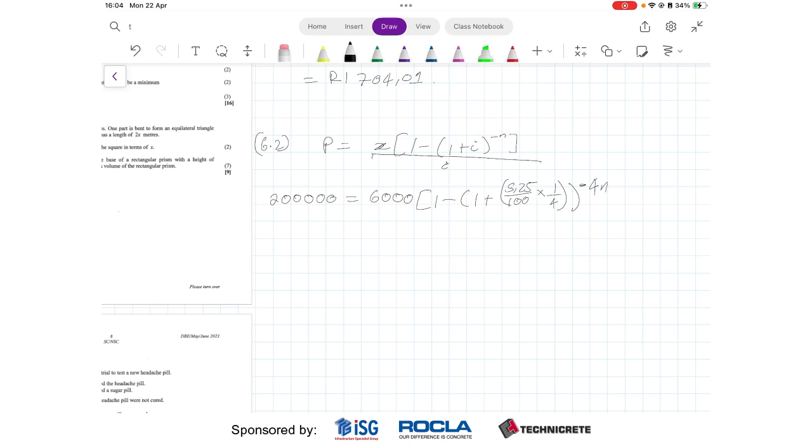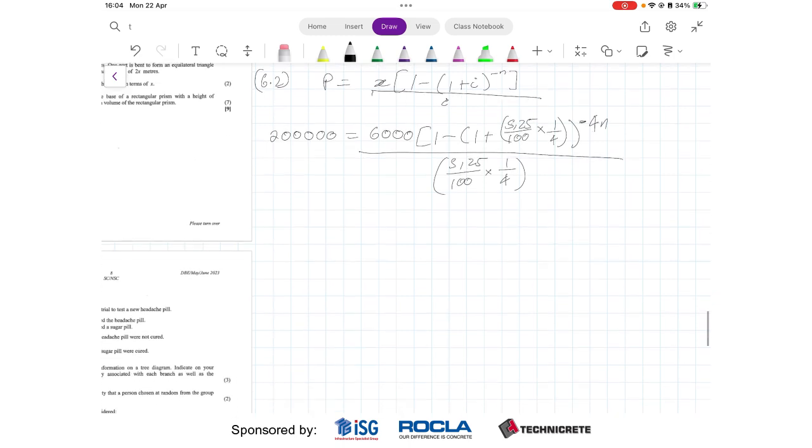Why? It's compounded quarterly, and n is the number of years that it will take. 4 is the number of quarters in a year. All divided by 5.25 over 100 multiplied by 1 over 4, which is essentially division by 4.